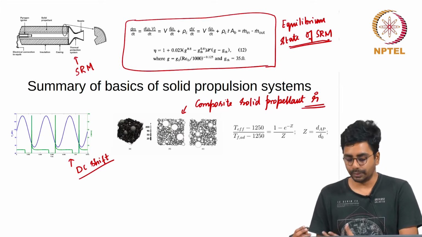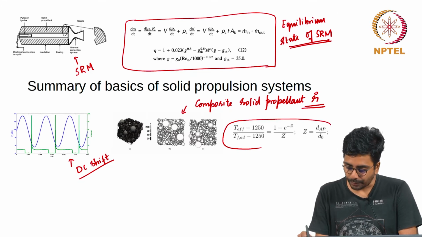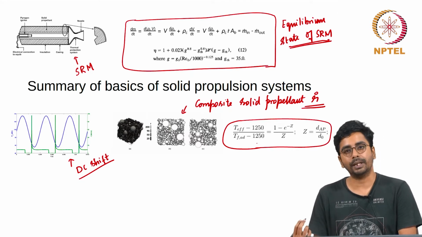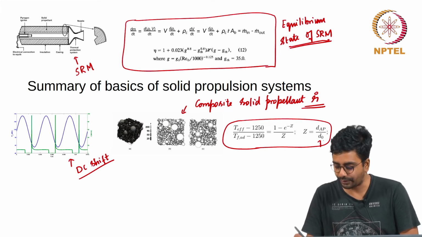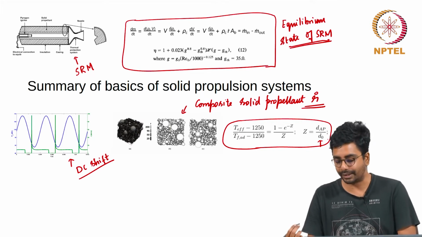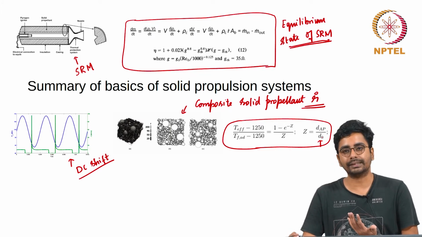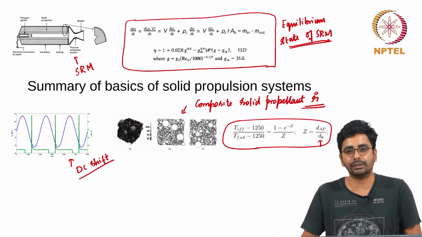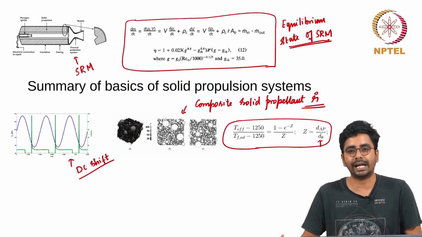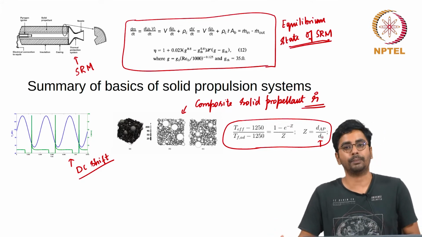What I want to emphasize here is that the key idea used for the prediction of the composite solid propellant burn rate is the idea of lateral diffusion distance. This d0 that appears here is exactly the lateral diffusion distance, and the ratio of the AP particle size to the lateral diffusion distance is a measure that was used to decide the extent to which reaction rate controls the deflagration rate of a solid rocket propellant.